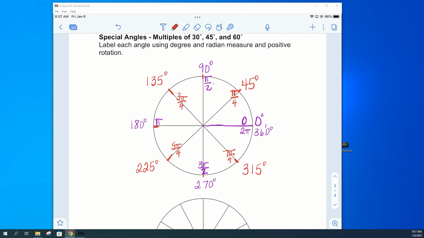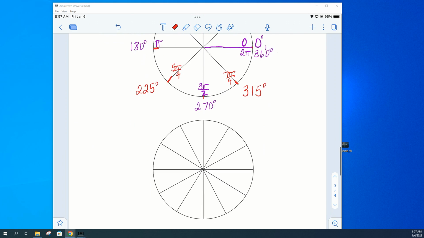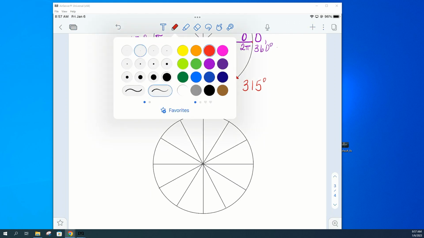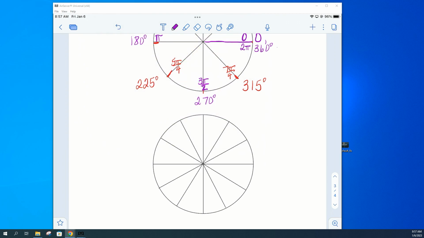All right, let's do the last ones. If you look at the circle, it's divided a little differently. I'm just going to do this one by counting, and then we'll sum it up at the end. If you count the number of little sections, 1, 2, 3, 4, 5, 6, 7, 8, 9, 10, 11, 12. Well, if you have 360 degrees to divide amongst 12 sections, that's, of course, 30 degrees every time.